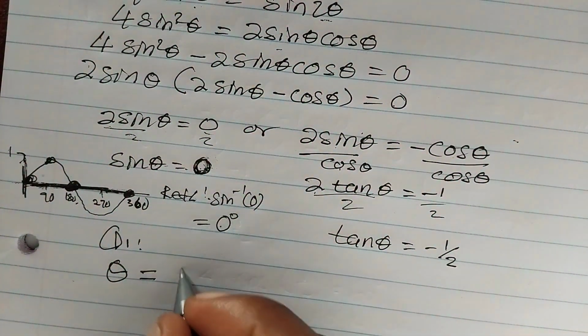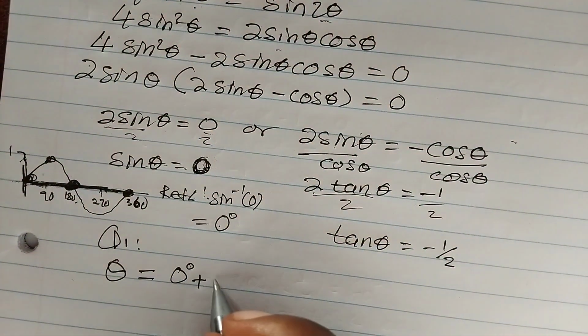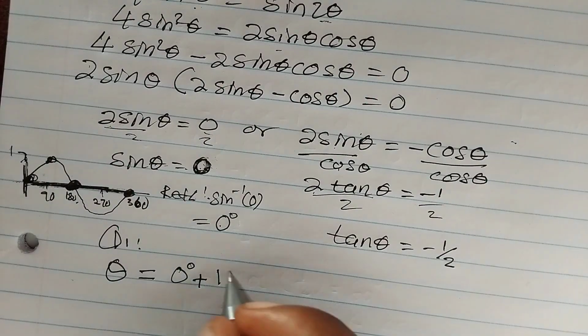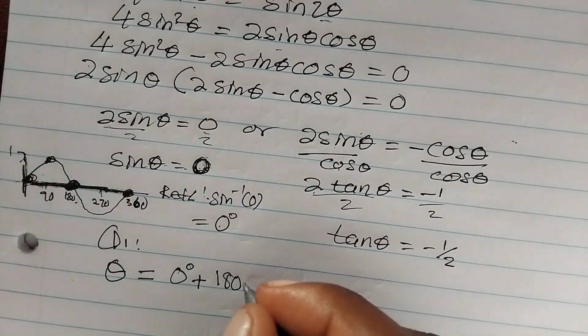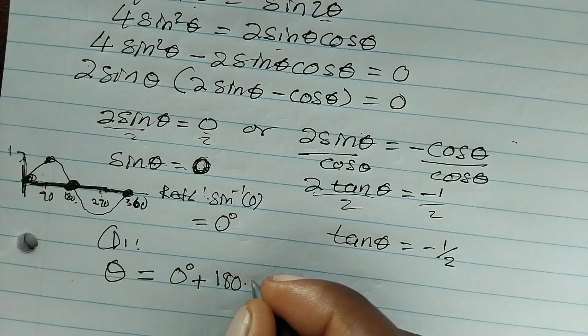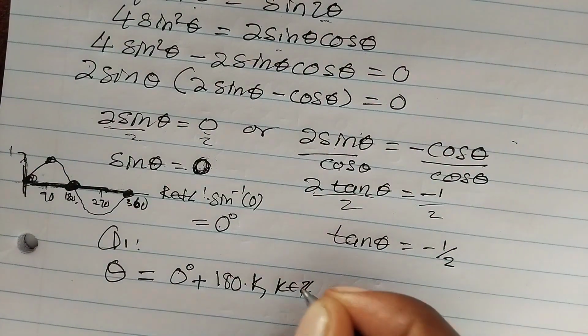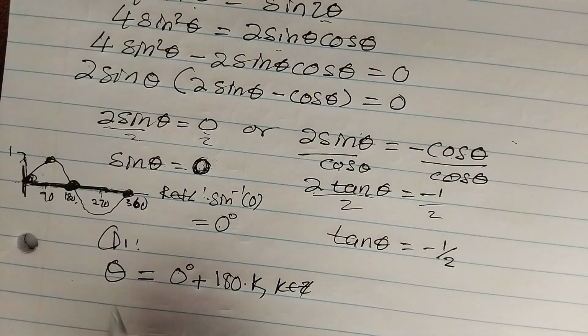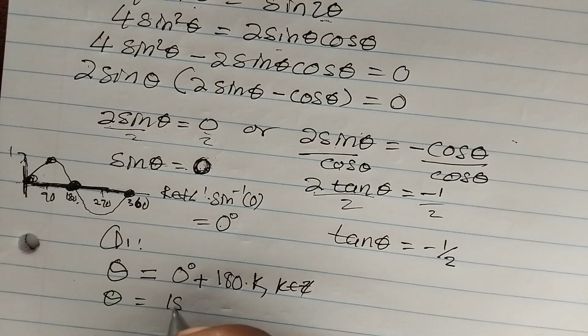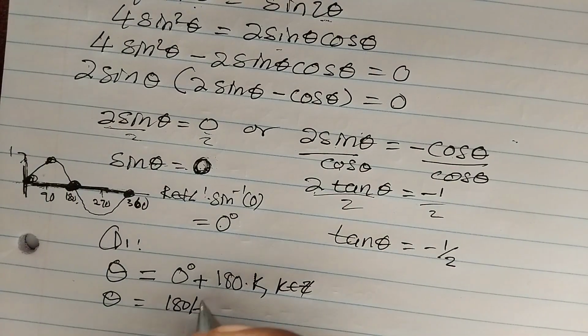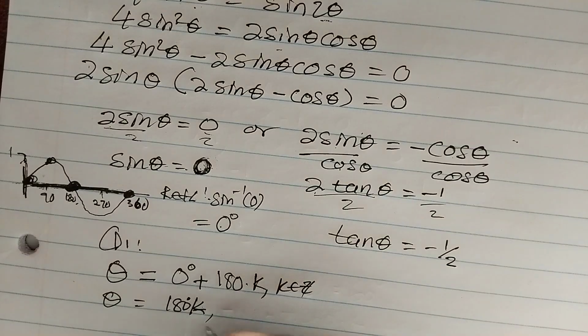Your reference angle plus your period, which is 180 times k, for k an element of integers, then that's your answer. You can just simplify it: 180 times k. So that's your answer.